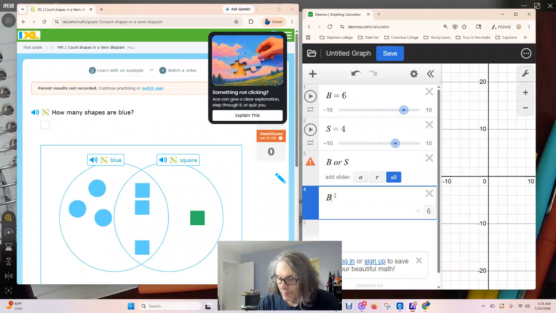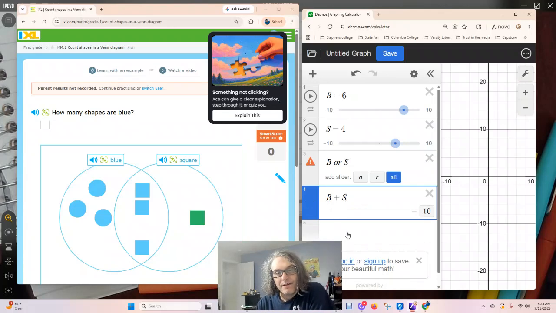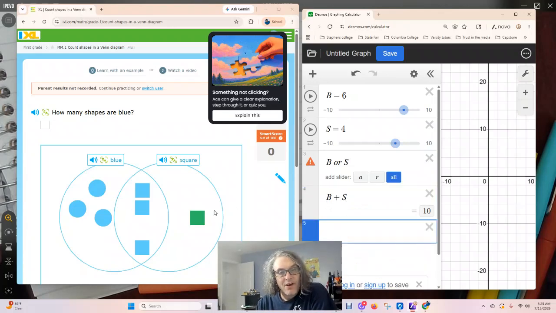Notice that B plus S is 10, but they're not mutually exclusive, because they have blue squares. They're both blue and they are square.